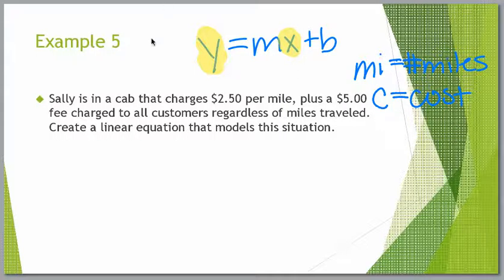So let's put this all together. We're going to replace our y variable with c for cost. The total cost of the trip is going to be our slope. I say that with air quotes because it doesn't really sound like a slope, but that is the price per mile. So when we see this little word per, that should remind us of multiplication.